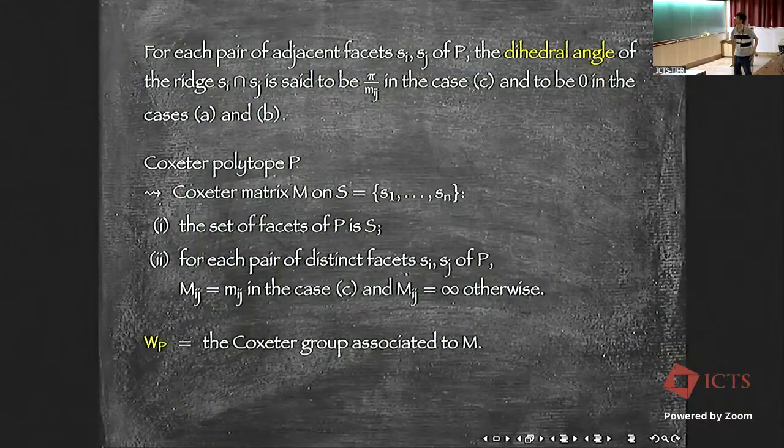Okay, so from the Coxeter polytope we have this matrix. How can we have a matrix?